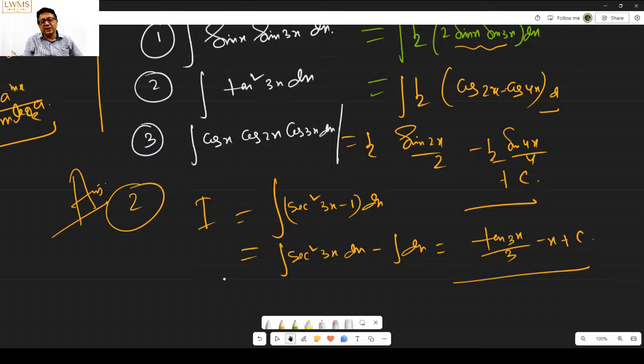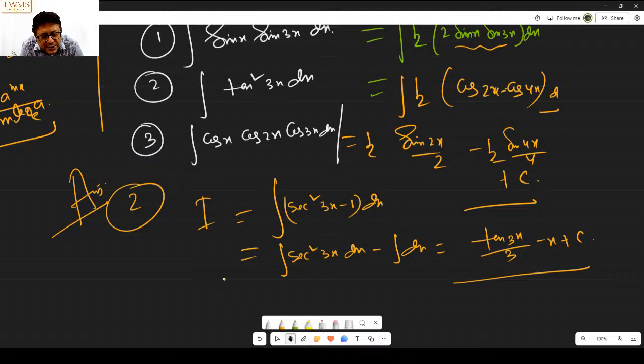Try next one, number 3. Gradually level will be increased. We will be covering whole of integration here, which will help you for board as well as for any competitive exam. So for third one, what do you need?